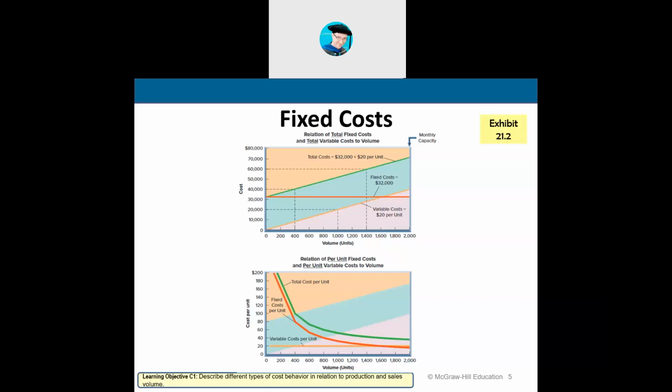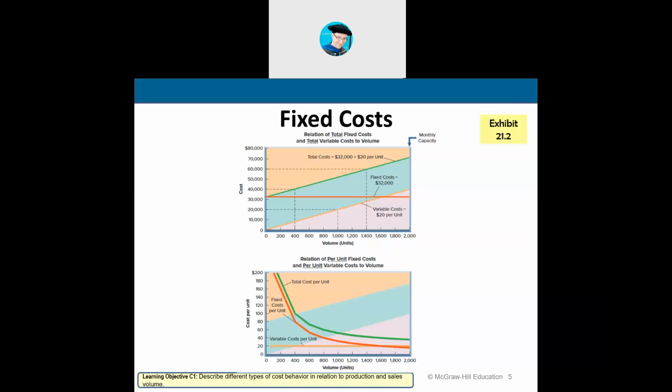Okay, so let's look at this. Variable costs are the cost per unit. Why are they variable? Because they change with the level of production. I have direct material, direct labor, factory overhead equals total cost per unit. Total cost per unit is variable cost. The more units I sell, the more variable costs I have.